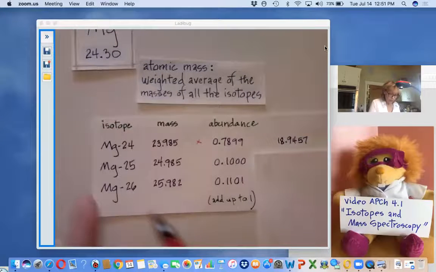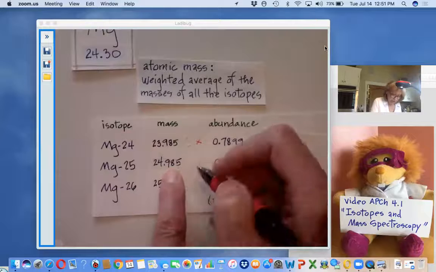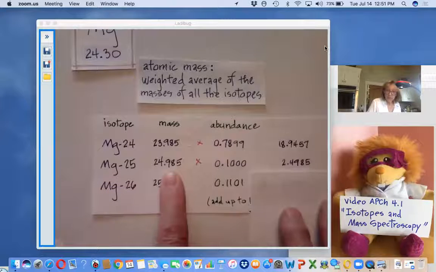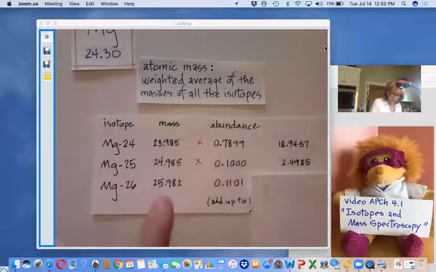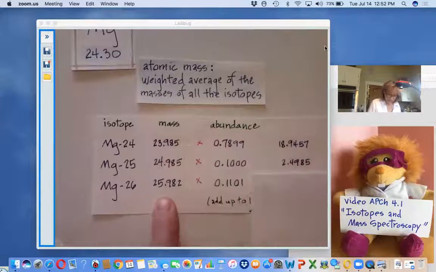And then we're going to repeat for the second isotope, the mass of that isotope times its abundance, and we get this number. And then the third isotope, its mass times abundance, and we get this one.